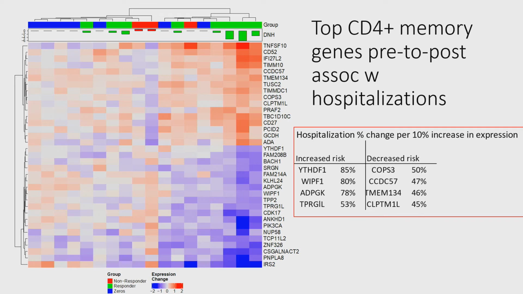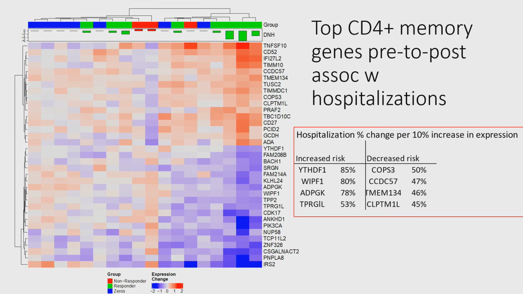Think back to those T-cell electron micrographs, right? And all the arrangements that need to be made when they're actively recruiting and getting into those sites once they've made that MHC connection. The interesting thing is that this also is involved in cytoskeletal arrangements, and yet this is a gene where a 10% increase leads to a 47% reduction in hospitalizations.